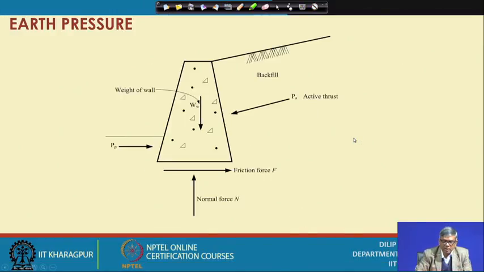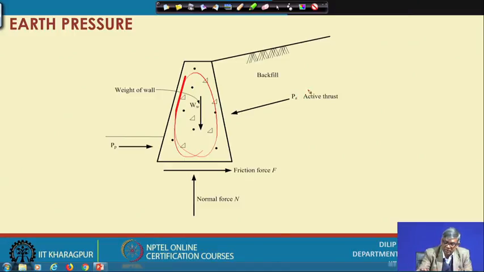Now, I have mentioned the gravity retaining wall, and suppose this is a gravity retaining wall, and you can see the different forces acting on the wall. For the gravity retaining wall, the major part is the gravity weight W acting here, and in addition to that it has the backfill on this side.